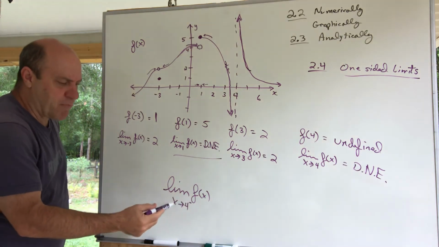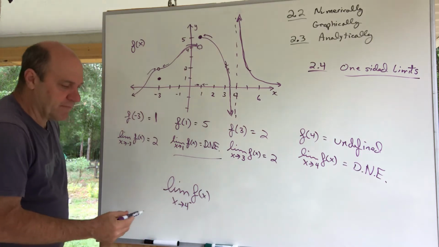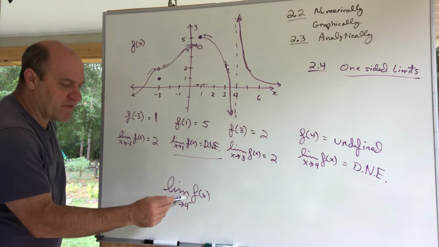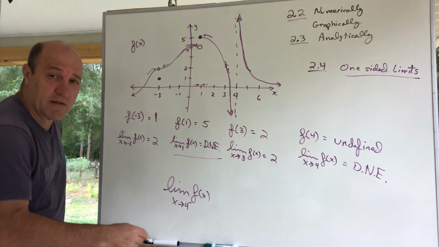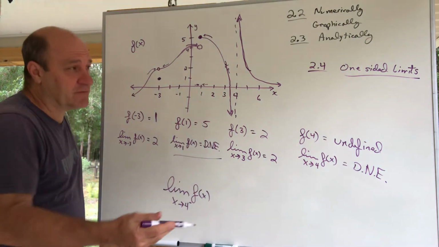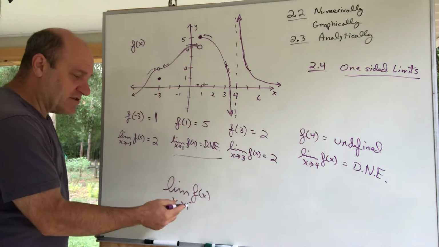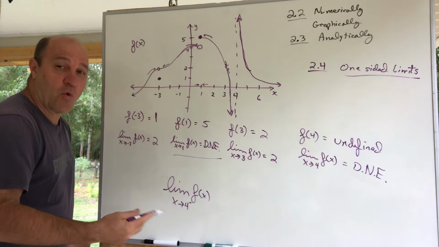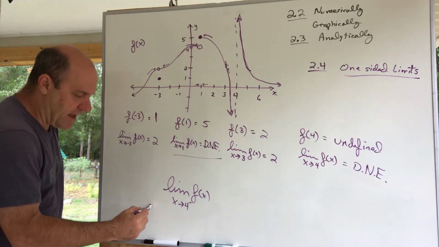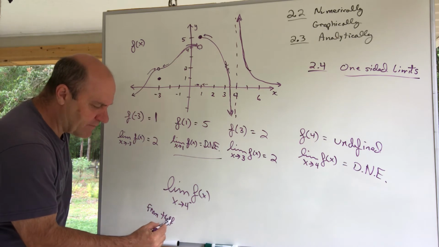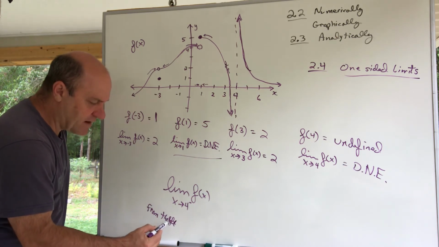Then this means I'm approaching 4 from the left. This question says, what's the limit as x approaches 4 from the left? This is a one-sided limit. They haven't been introduced yet in the text. They're introduced in section 2.4. I'm introducing them now. This is the notation for a one-sided limit from the left.